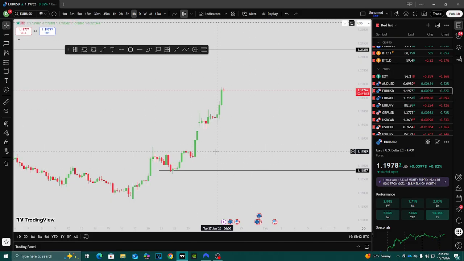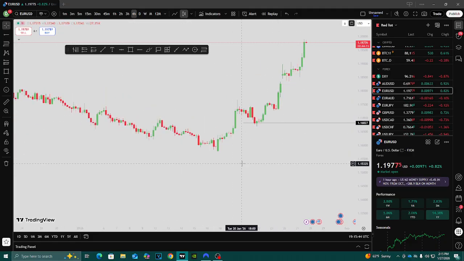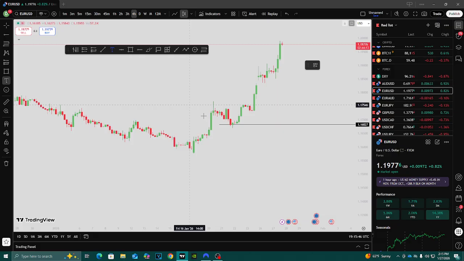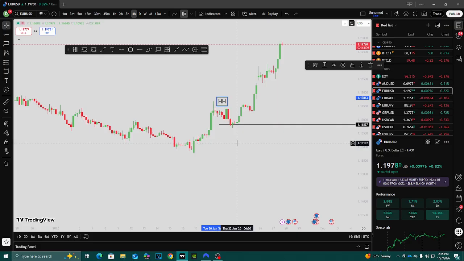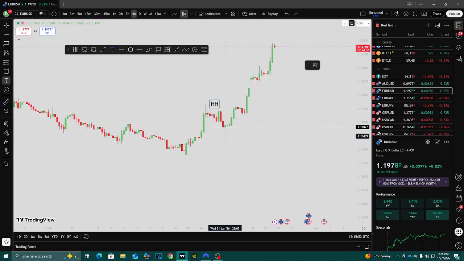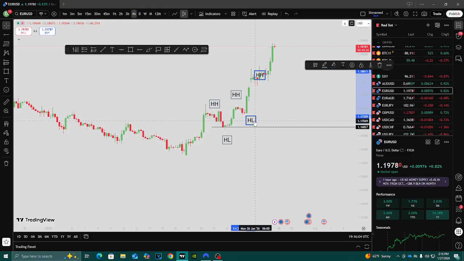Now we see what type of trend it is. So boom, we see a higher high, higher low, right? Boom, we see both of these. And then you guys see another higher high, higher low.